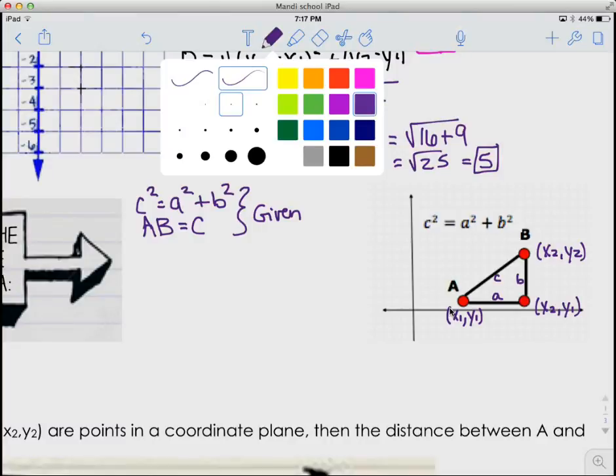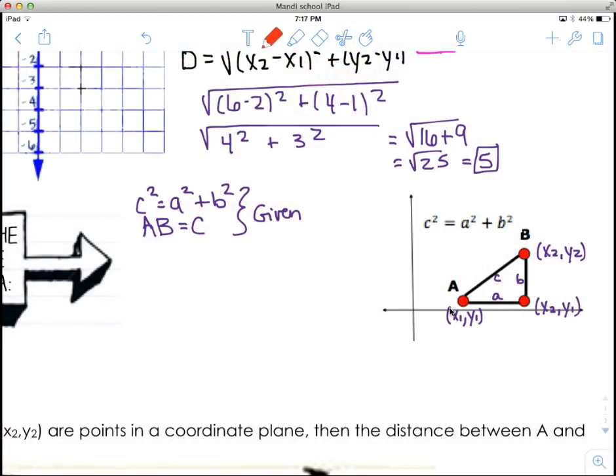So now we're going to take some information that we have from our picture. We know that little a, this side right here, if we want the distance of that, we would take this point, which is x2, minus this point, which is x1.